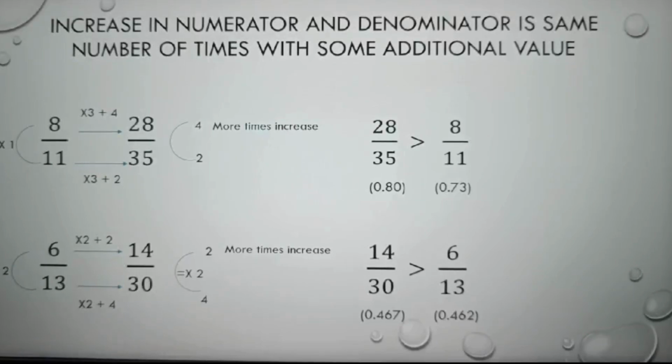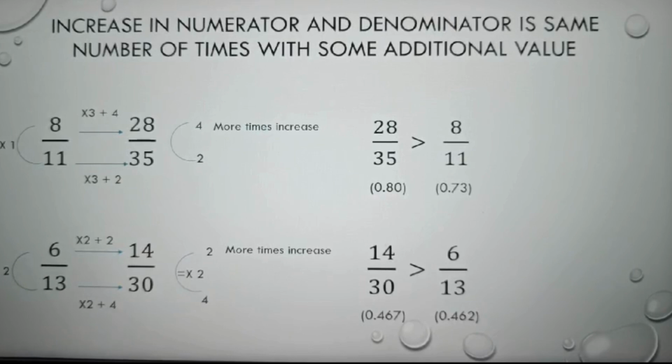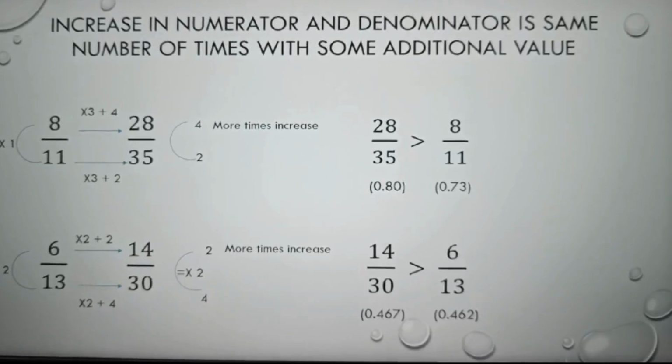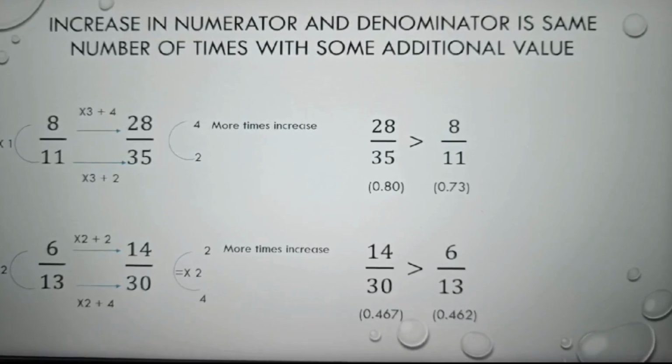Comparison of two fractions. If the increase in the numerator and denominator is not an exact number of times, and has some more value, then how will we find the bigger and smaller fractions? For this, here we observe the first pair of fractions, 8 by 11 and 28 by 35.